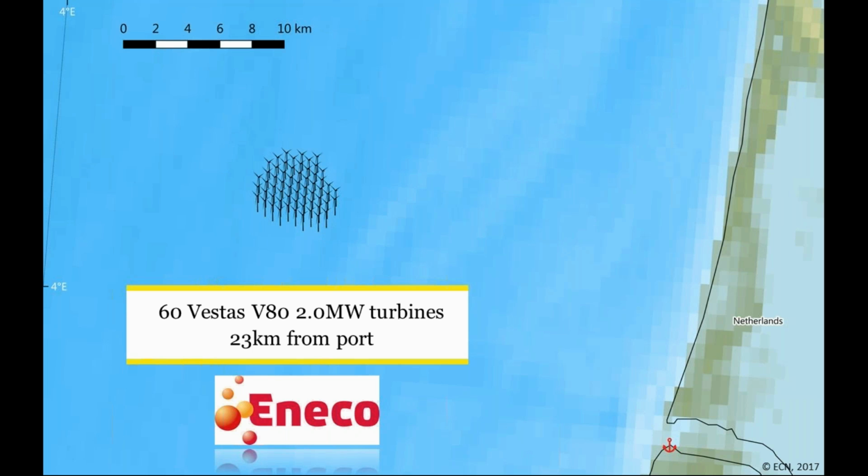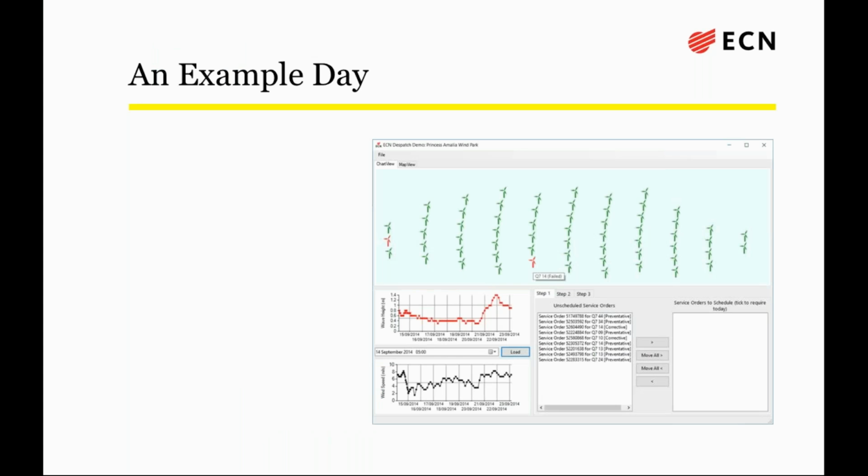So, I will start by talking about one day in the life of this wind farm, namely 14th of September 2014. And this is the GUI, an example GUI to demonstrate the tool. At the top, you will see the wind farm displayed, and you will see that 2 of the wind turbines are in red, which means that they have failed.